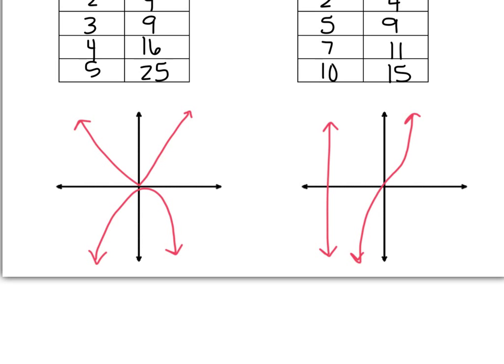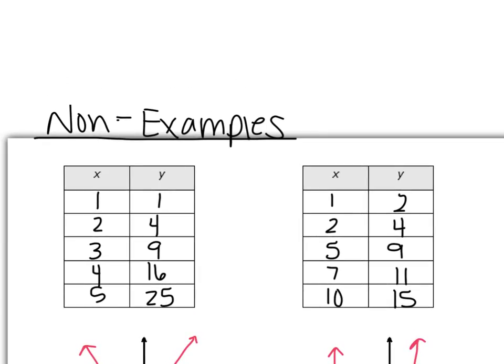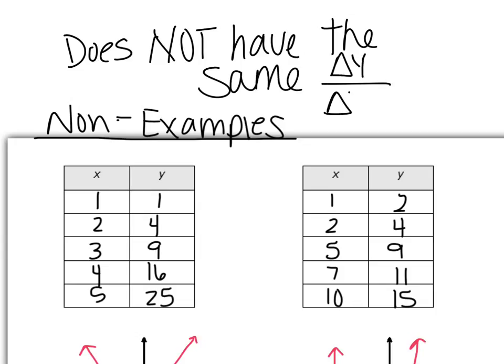Now, as far as your tables go, this is pretty much the opposite of what we did with the linear. For non-linear, it does not have the same delta y over delta x. So when we do our delta y over delta x's, they will not reduce down to the same thing.